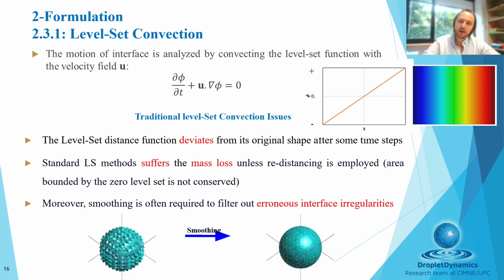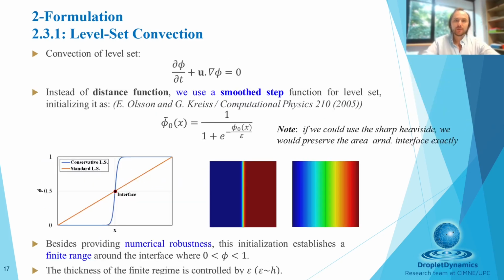because it loses its smoothness often. So in order to tackle this problem, we have followed the idea proposed originally by Olsson and Kreiss back in 2005, where they said that a good idea for capturing the interface evolution is not to use the distance function, which is shown here, but to use a smooth Heaviside function that is shown over here.